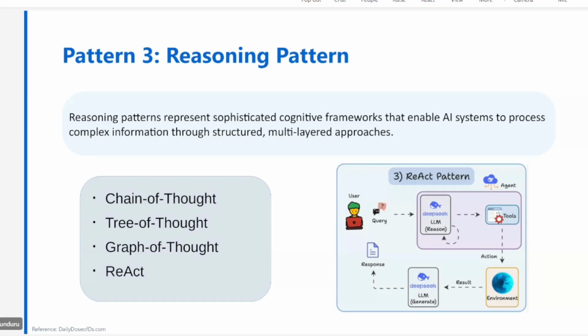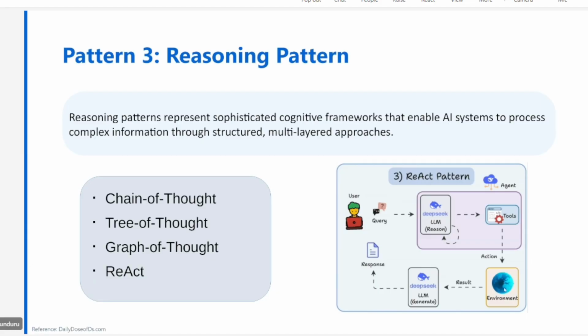So these are all patterns during the reasoning phase, and the ReAct pattern is the simplest form. The query is given to the LLM, the LLM does the reasoning, the agent makes a call to a tool, and the tool performs an action in the web or something.